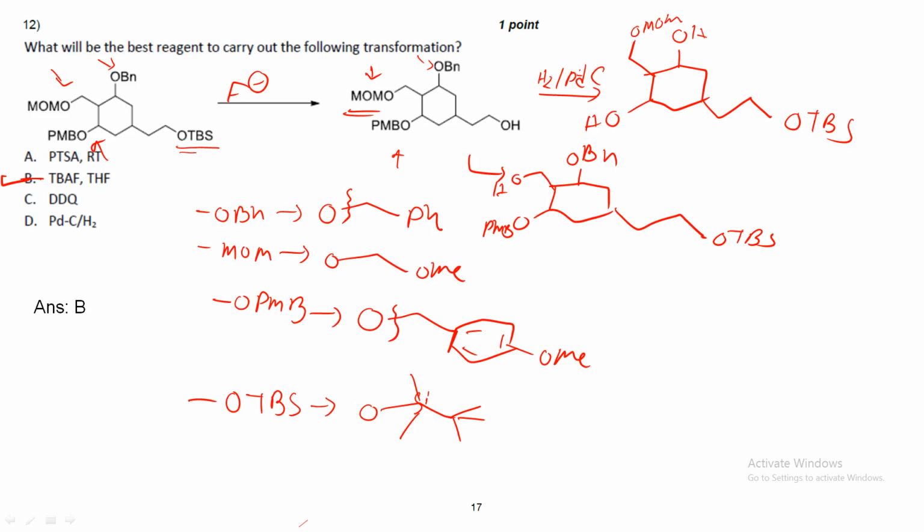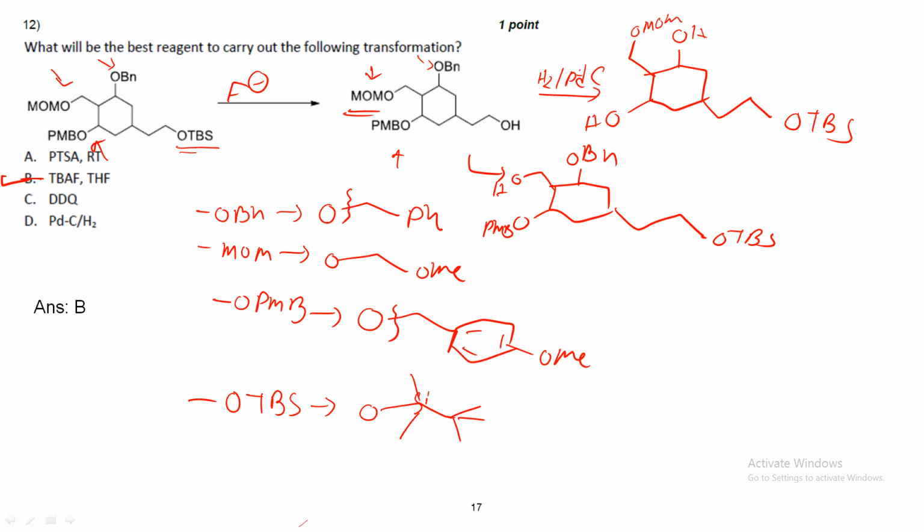If I want to do this, then PTSA can be used. So that's how, with different conditions, we can selectively deprotect and do the chemistry. That's how protecting group chemistry came in handy in natural product synthesis or any kind of synthesis you can think of. So that's how they are important.